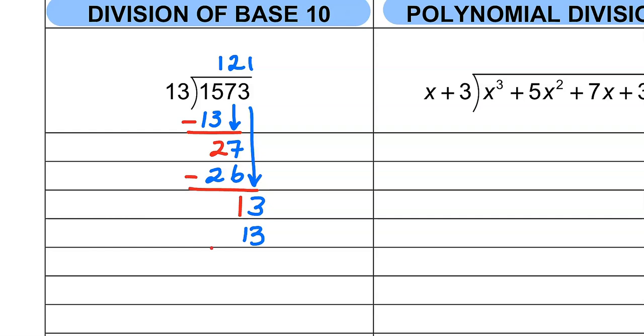And then I'm going to subtract. I get 0. And if you remember correctly, this 0 here is the remainder. There is no remainder this time. 13 goes into 1,573 evenly, is what we'll say.